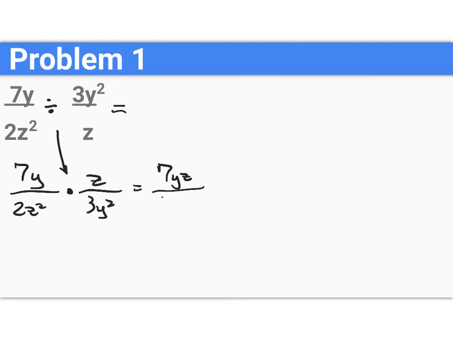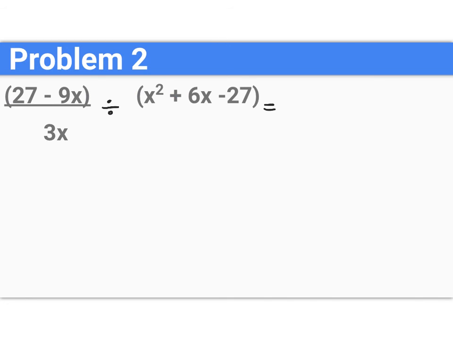I'm not going to separate everything. So y cancels out, a z cancels out. We're left with 7 over 6yz. And there you go.